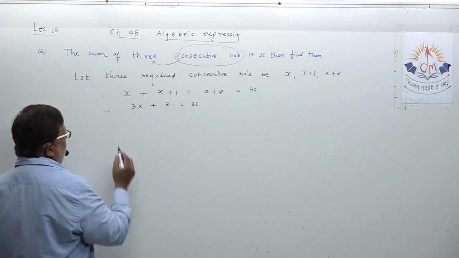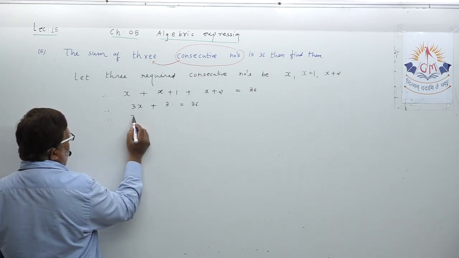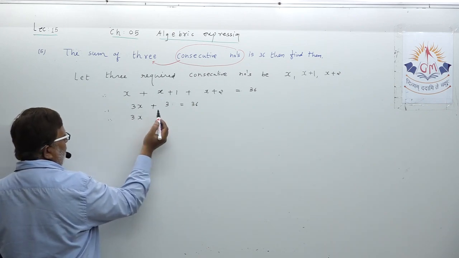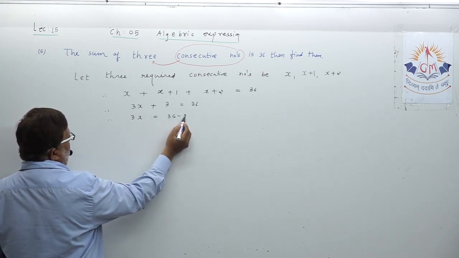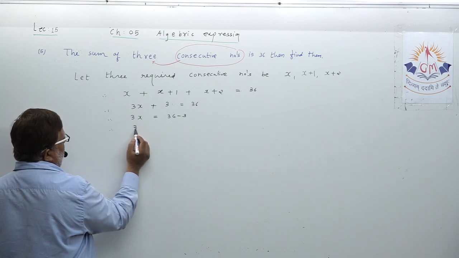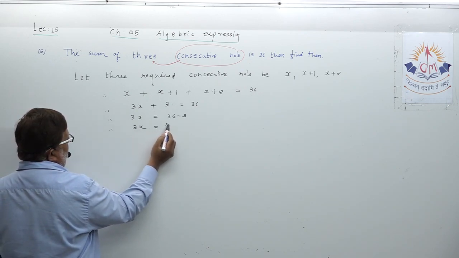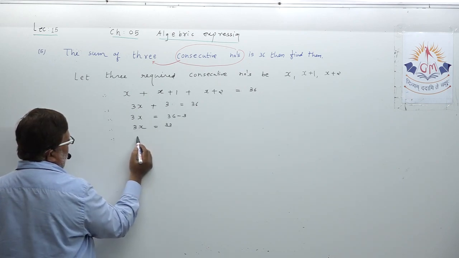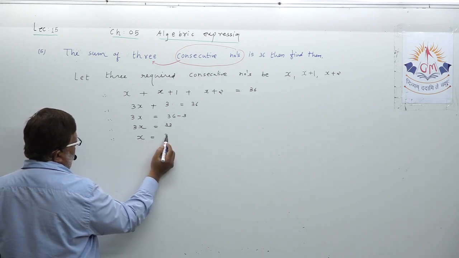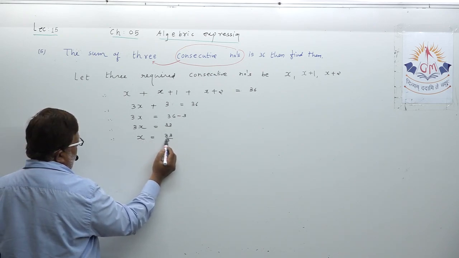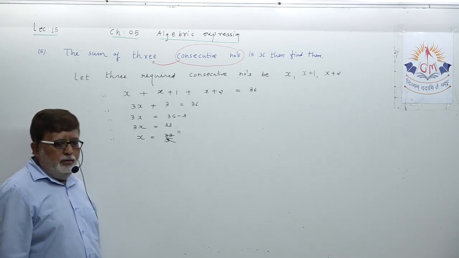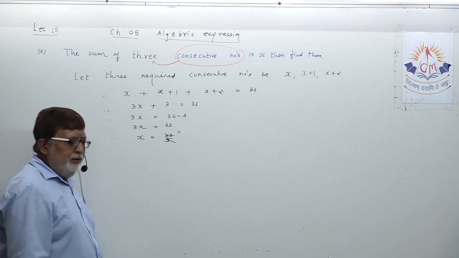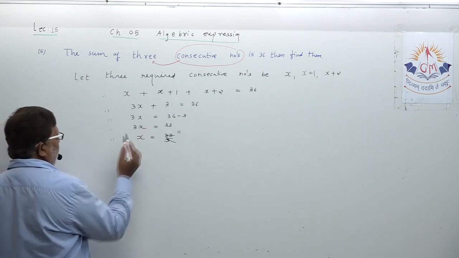Please note down each and every step. 3x, you can do this even before me, 36 minus 3, 3x equal to 33, x equal to 33 upon 3, that is 11. So the value of x we obtained, x equal to 11.